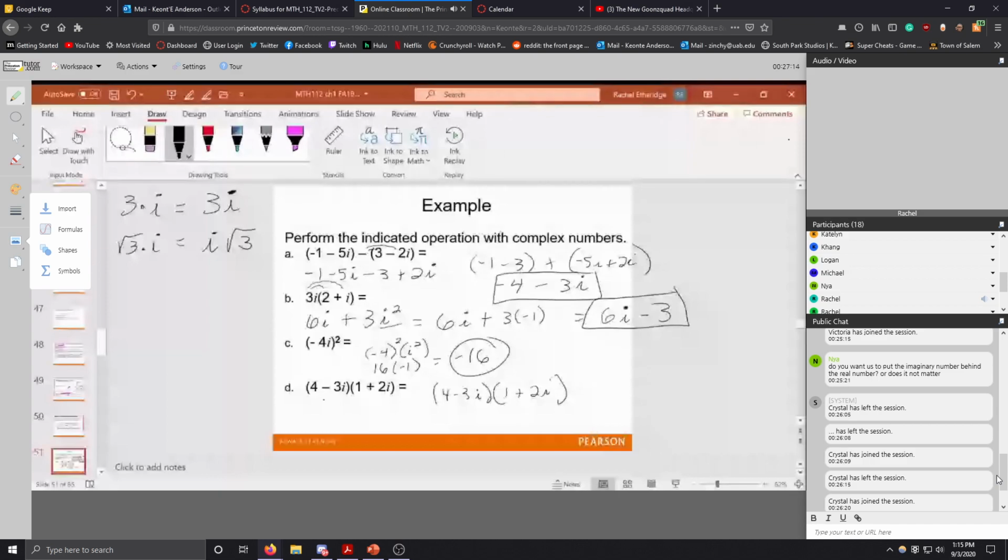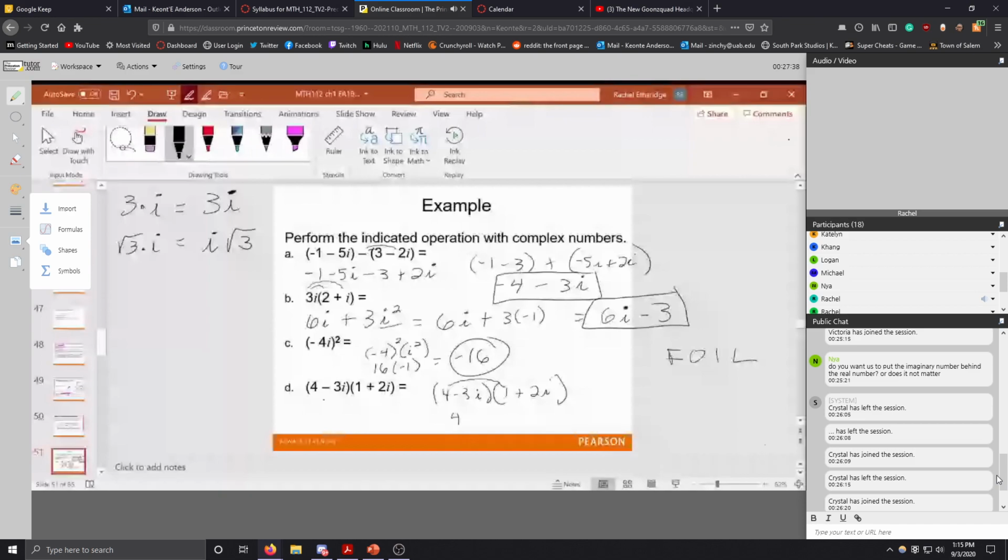Okay, so now we have the binomial times the binomial. So some people call this the FOIL method, first, outer, inner, last, and some people just look at it as the distributive property. Distribute the 4 to the second 2 terms and distribute the negative 3I. So we're going to multiply 4 times 1, 4.